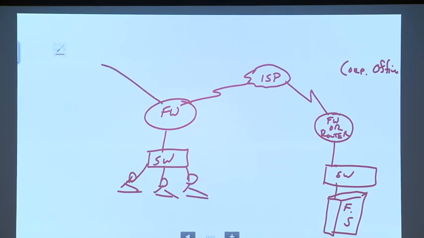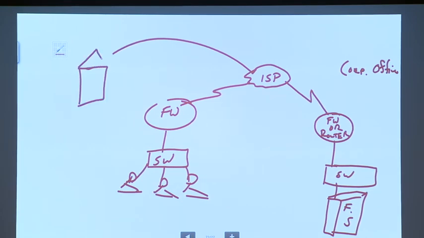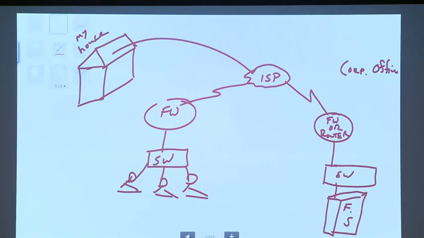And back up here, we're going to go ahead and, no, we don't want that from there. Sorry. This is my house. So we've got a couple of different places here that we want to be able to connect into.